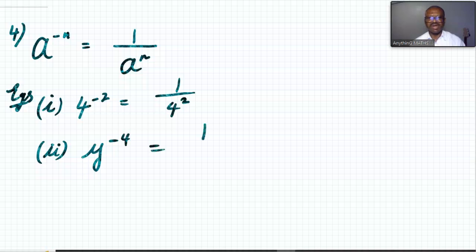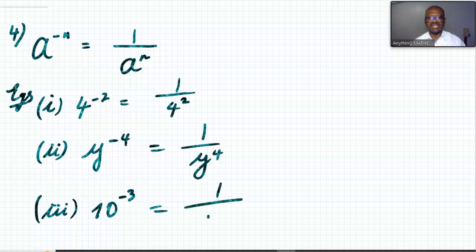This is the same as 1 all over y raised to the power 4. 10 raised to the power negative 3 is the same as 1 all over 10 raised to the power 3. Once again, we can see that these laws are not really difficult to apply.